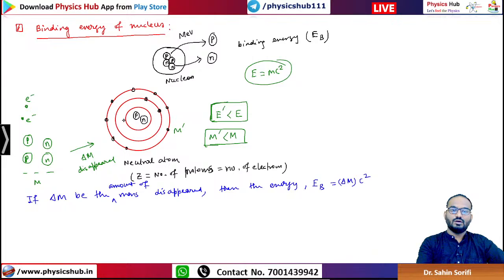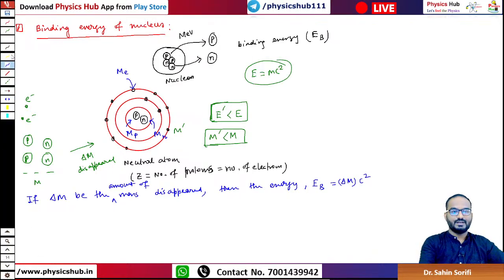Now the mass of a proton is mp, the mass of a neutron is, let's say, mn, and the mass of the electrons, let's say, me. Then what can you write?